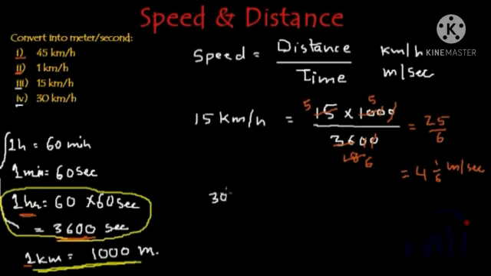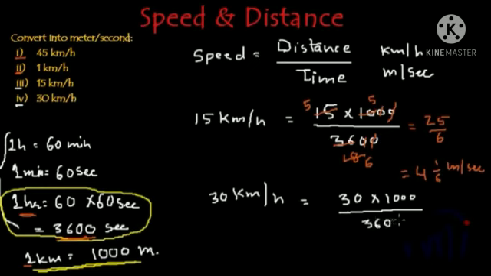Next problem. 30 kilometers per hour, which is equal to 30 kilometers. Convert 30 kilometers into meters: 30 into 1000 by 1 hour. Convert 1 hour into seconds. 1 hour is equal to 3600 seconds. Let us cancel zeros.